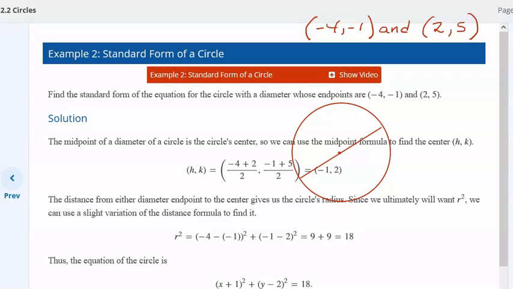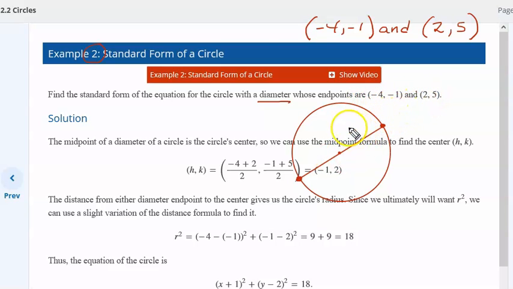Now in example 2, we're going to use some information from an earlier lesson. We have a circle and we have the endpoints of the circle. So what this represents from one point to another, can you see this is a diameter and these are the endpoints?